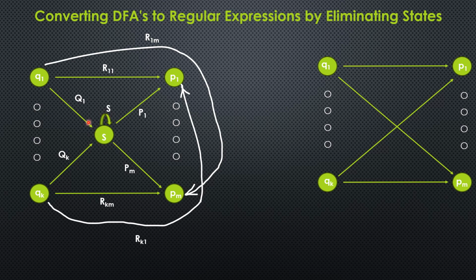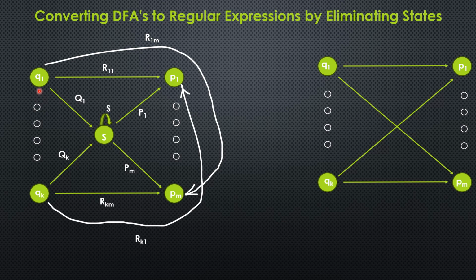Now from S, if some input say P1 or P2 or PM is given, it moves to the next states, say small p1, p2 and so on till pm. Now from the Q state through S, if it is moving to a P state, you can see that Q1 and P1 is the transition.